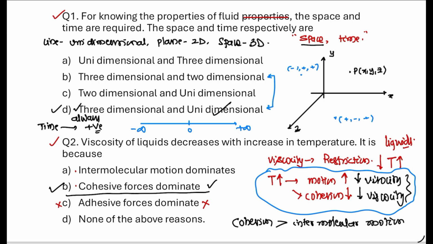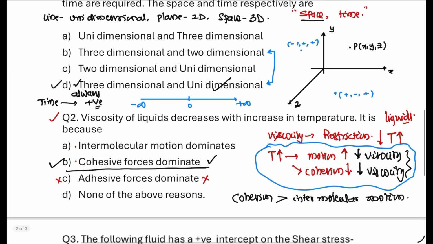Even though both are possible reasons, cohesion forces dominate the intermolecular motion, hence the answer is B. This type of questions do come in the examinations. Where our concepts are clear, we should never get confused by these type of questions.